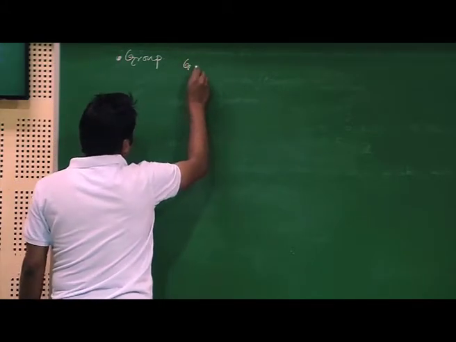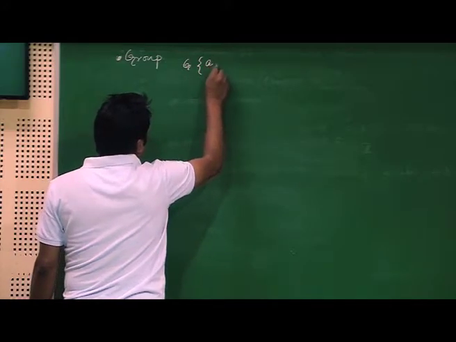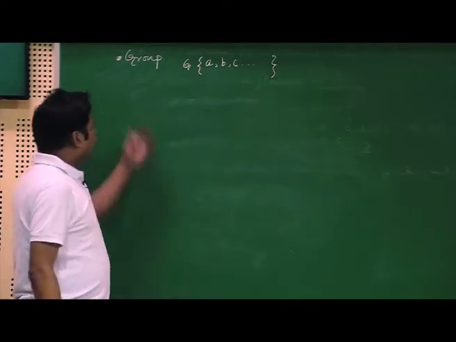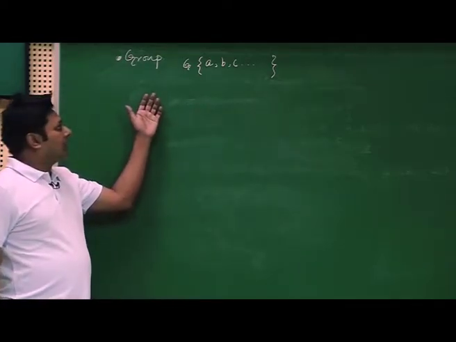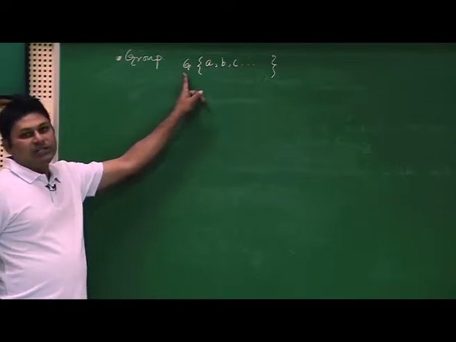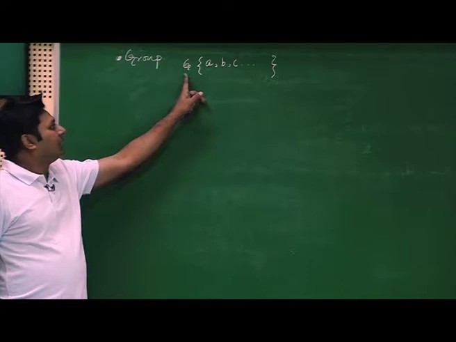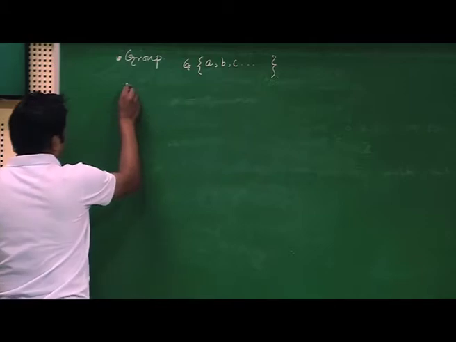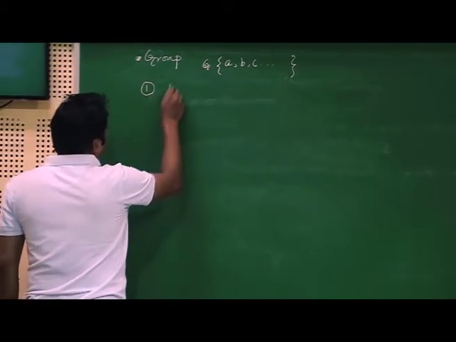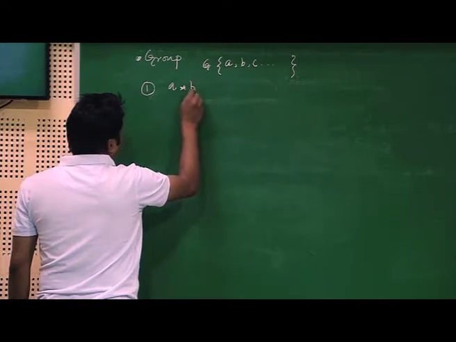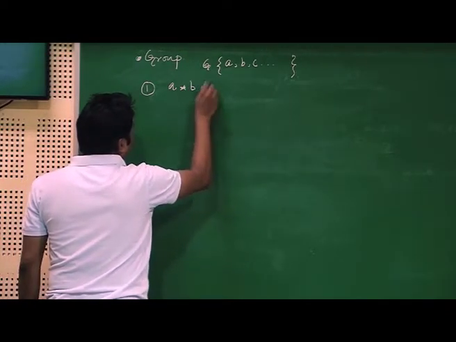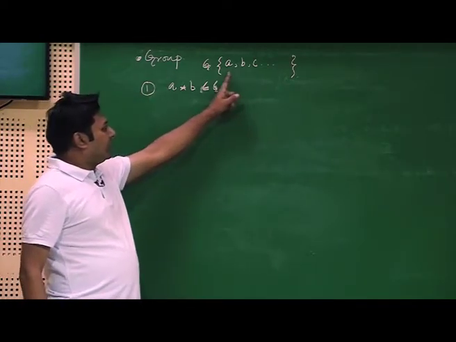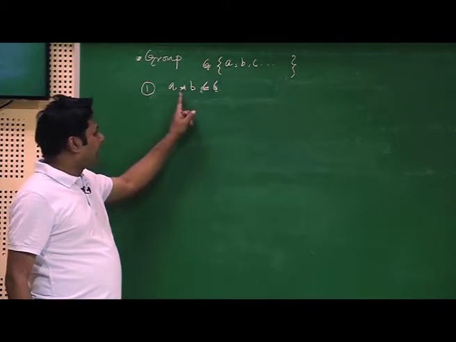Say G is a set containing the elements A, B, C and so on. Now, there are a few properties that the set G has to follow if it forms a group. What are these properties? First property: A star B belongs to G. By the way, when I define a set for a group, I also define a binary operation.